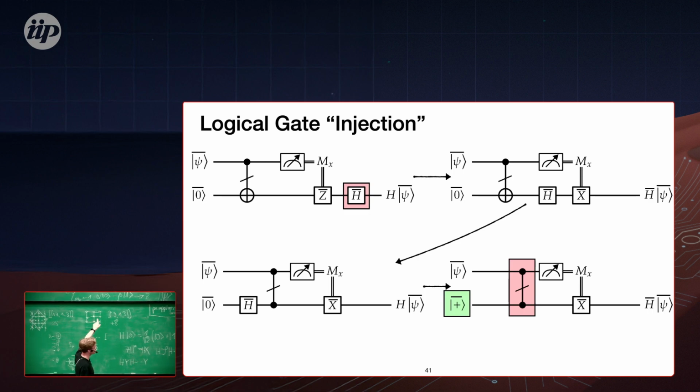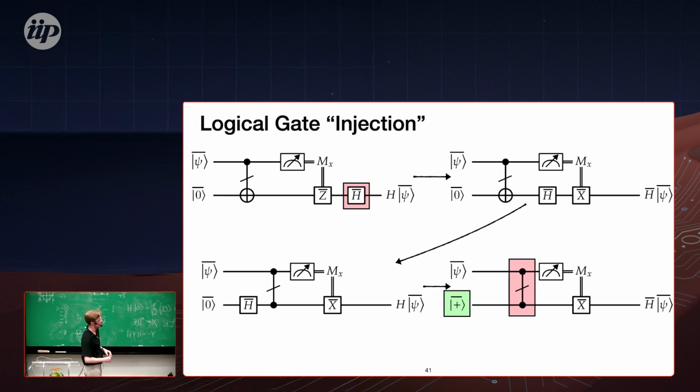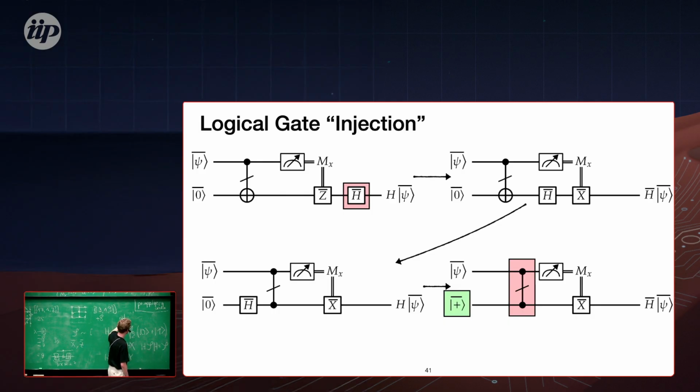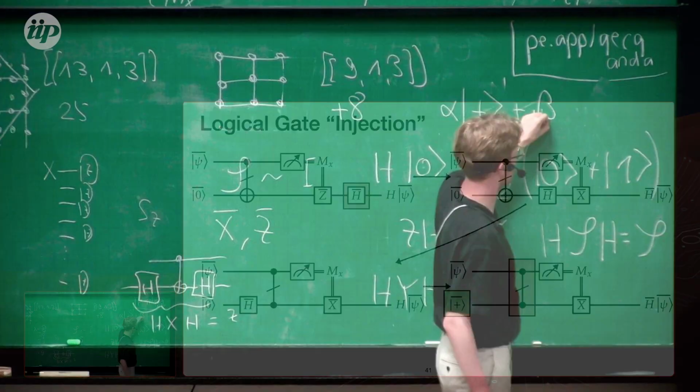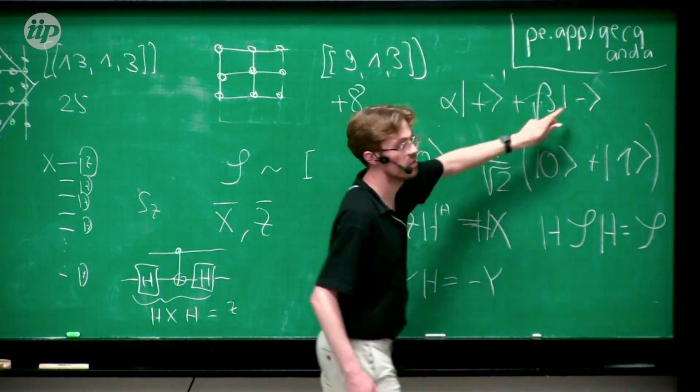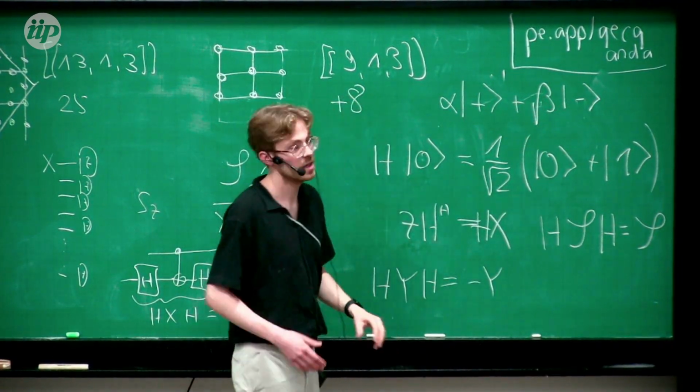So you can do the same calculation, and when you start with alpha 0 plus beta 1, your final state will be alpha plus plus beta minus. So you have effectively performed the Hadamard. Yes?